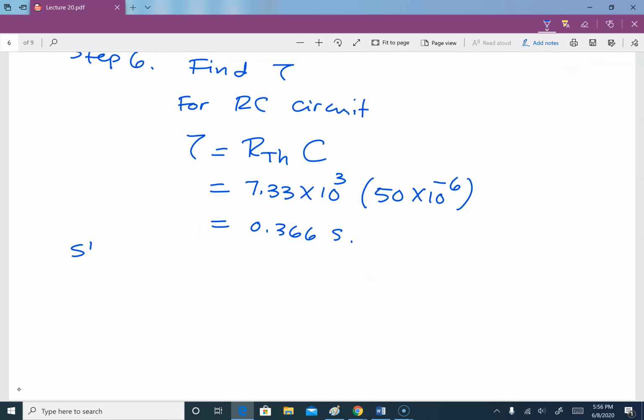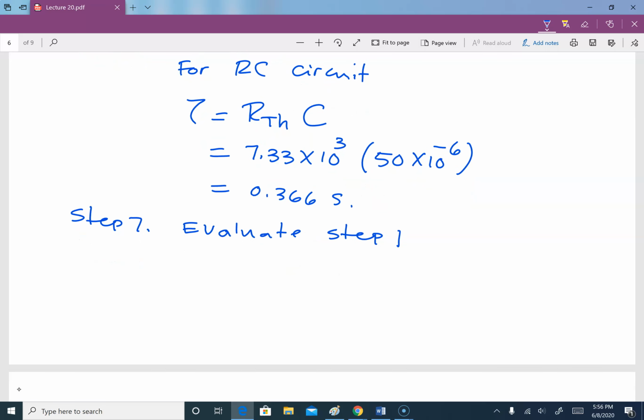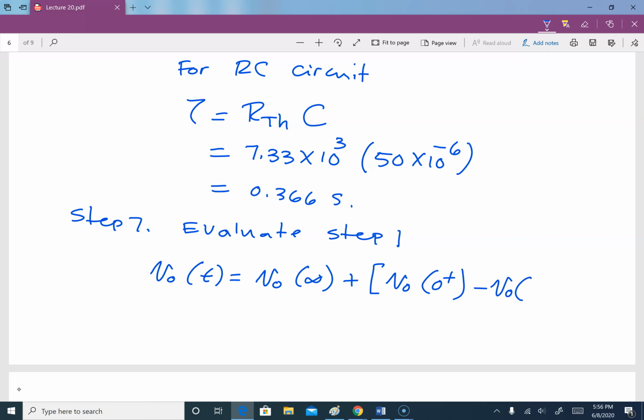Now step 7. Step 7 is evaluating step 1. So when we evaluate step number 1, that is V naught of t is equal to V naught of infinity plus V naught of 0 plus minus V naught of infinity multiplied by exponential of negative t over tau.